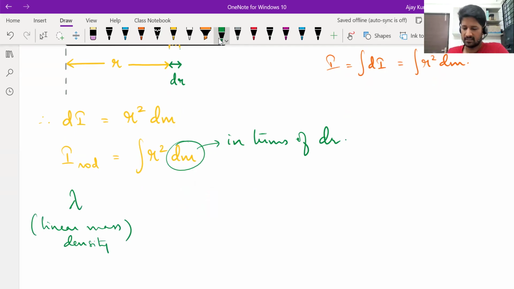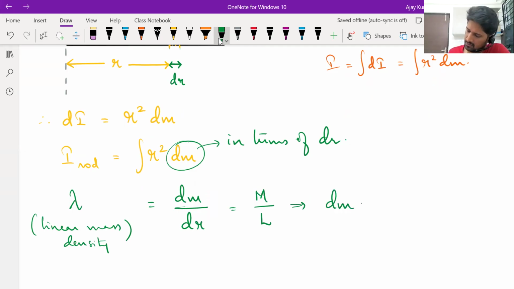So linear mass density relates mass to the length occupied. You can write length occupied as dx, or as dr in this case, which is equal to total mass by total length, so mass per unit length. So dm is equal to lambda into dr, where lambda is total mass by total length. We'll substitute it at the end. This is how you get dm in terms of dr.